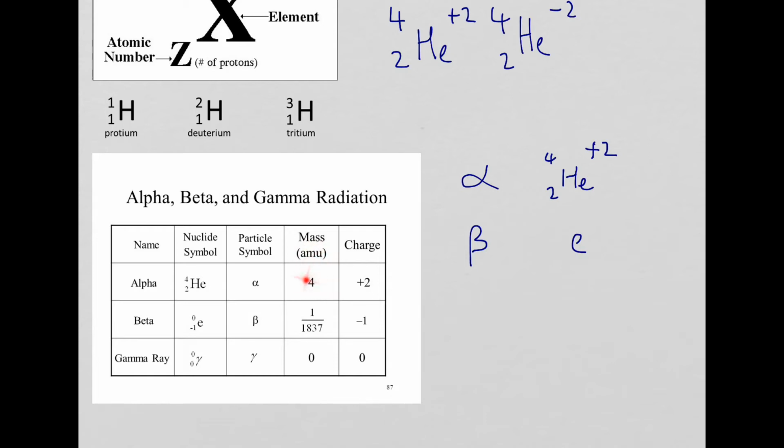So we see here is a very large mass. We get to the beta particle, 1/1837th of the mass of a proton or a neutron. Very, very, very tiny. So small, in fact, that if we do calculations and we involve it, it will disappear in our decimal places, and we'll look at that when we do specific charge. So, for all intents and purposes, it has no mass.